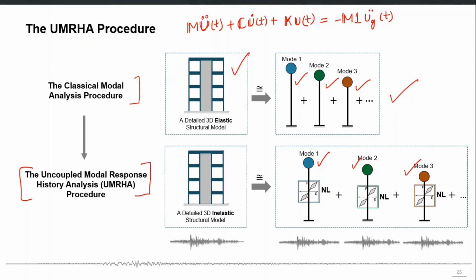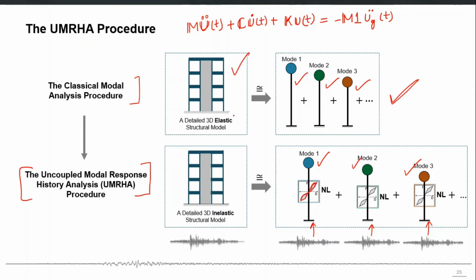So each of the single degree of freedom systems has its own nonlinear force-deformation behavior, which is governing its response. Now you apply the earthquake to each of those single degree of freedom systems separately to get the fluctuating responses of each mode, and then sum those responses, just like in the modal RHA or classical modal analysis. You calculate the response of each mode separately and sum their responses to get the total response.